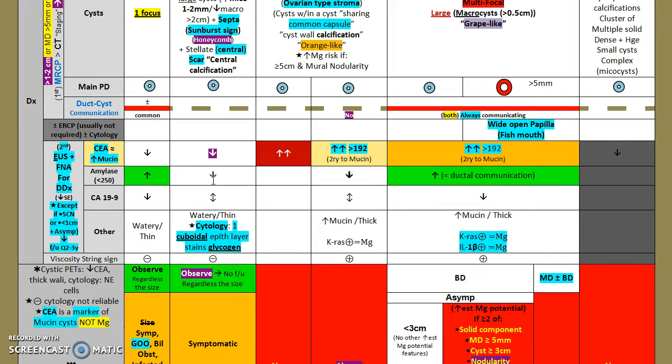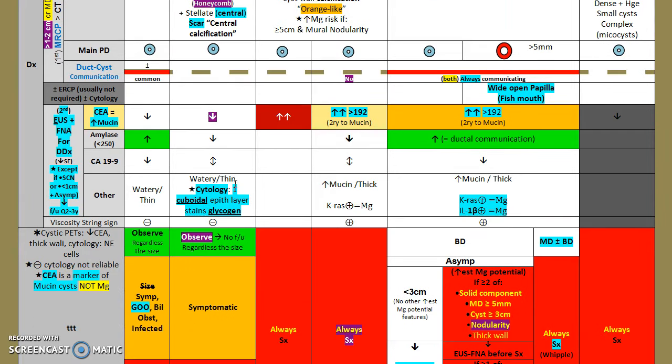Once you need to do the EUS and the FNA to differentially diagnose between the cysts, what concerns you here is the CEA level. CEA doesn't mean malignancy. CEA means that there's a high mucin content in this cyst.